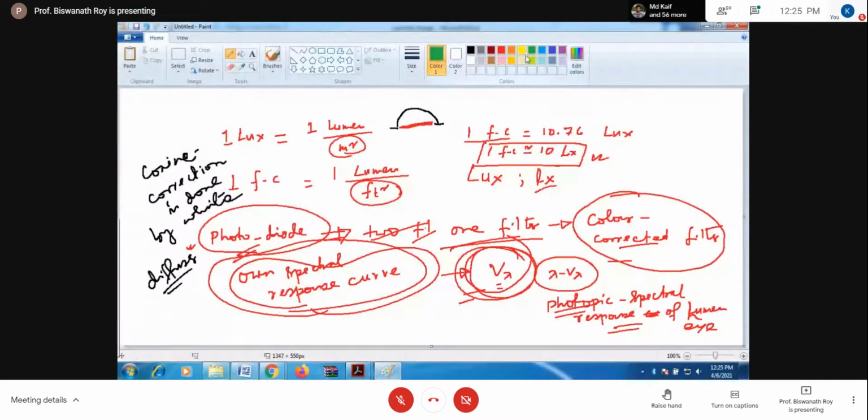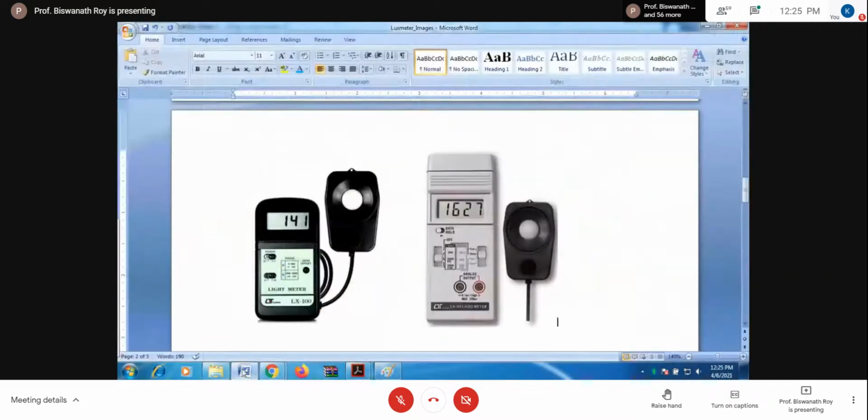And then there is the sensor unit, right? So if this is the sensor unit, light sensor photodiode, and this is the color correction filter, and above all, this is the cosine corrected attachment. And from the outside, we can see only this portion, the white diffuser portion, right?